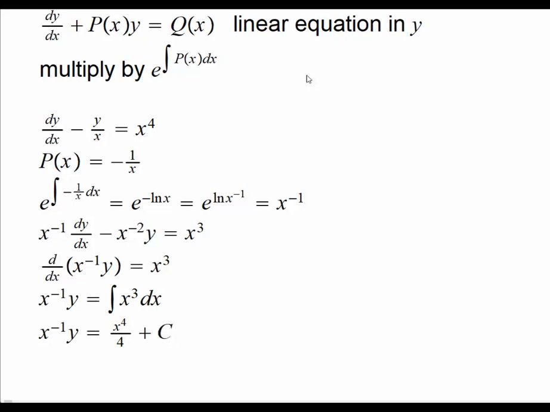And in other words, my y will be x cubed divided by 4, plus c over x cubed.